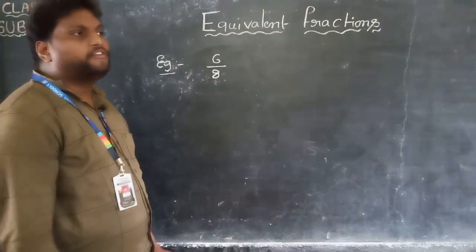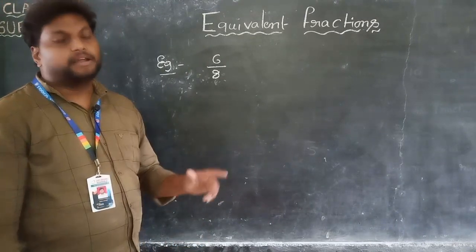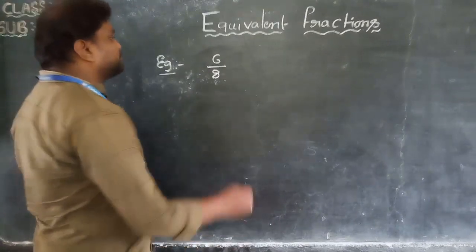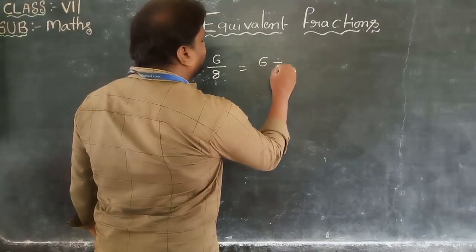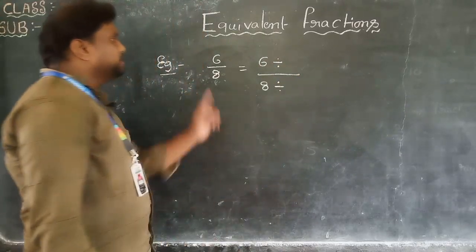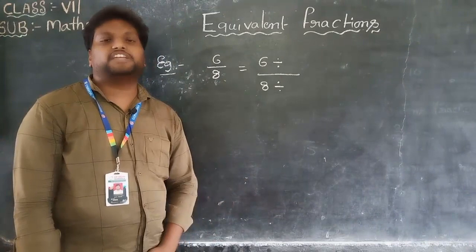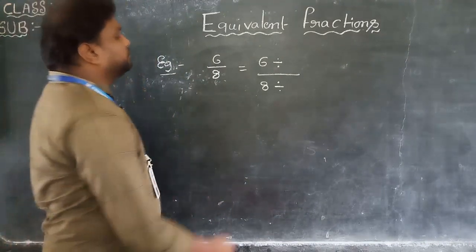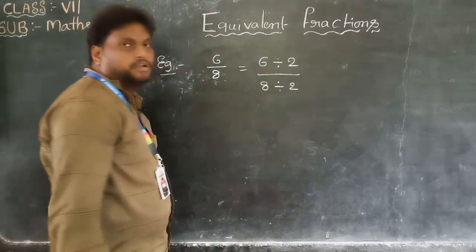Actually, to find equivalent fractions, each and everyone thinks just to multiply, but not only multiplication, division also. Then 6 divided by and 8 divided by. See, 6 and 8 are in which table? The 2 table is there. 6 is divided by 2, 8 is divided by 2.